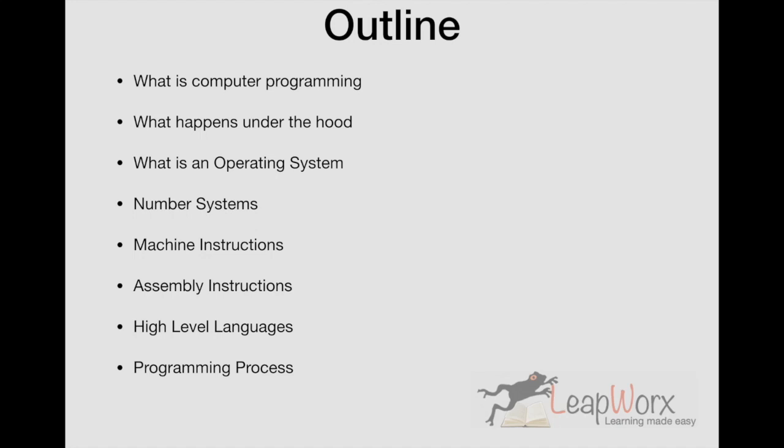Then we go down this journey of how instructions are fed into the computer. We start with raw machine instructions, then assembly instructions, and then we go down to high level languages. And finally, we look at how programmers program, what the programming process is.